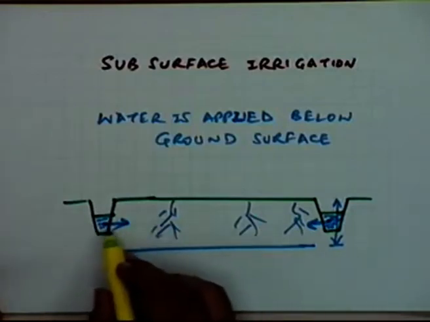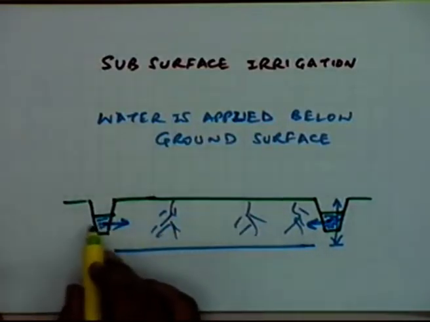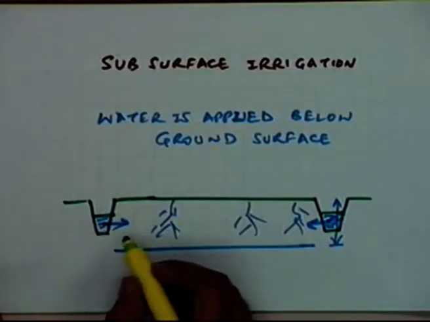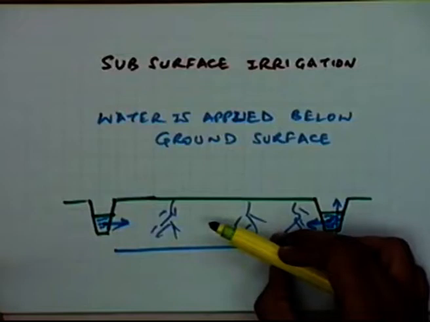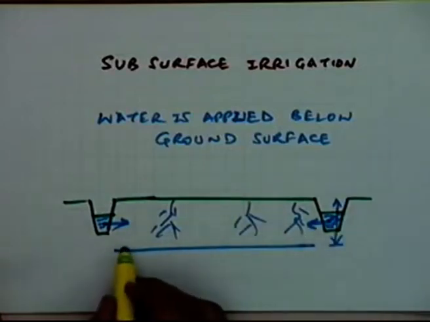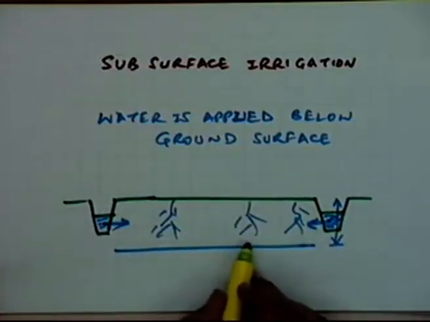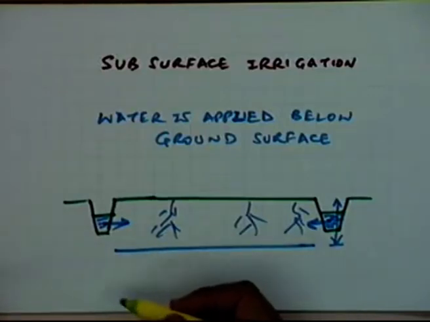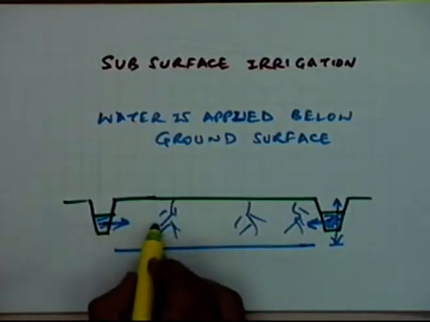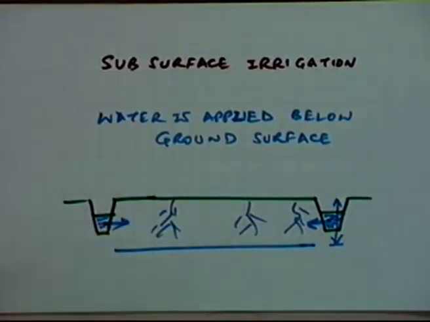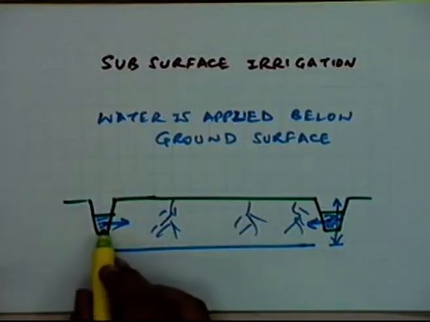Some water will flow into the zones. Again, it will be a function of how much water will flow. It will be a function of what is the wetness of the soil and what is the relative location of the groundwater table. If the groundwater table is very low, most of the water might go down, some water might go into the lateral direction, as we have seen in the case of furrow irrigation.